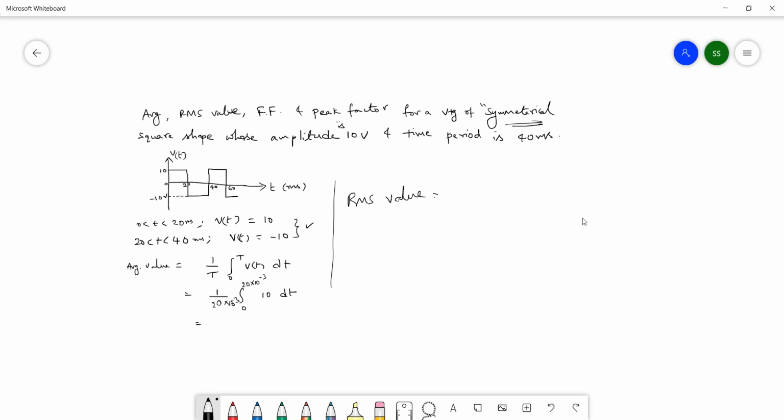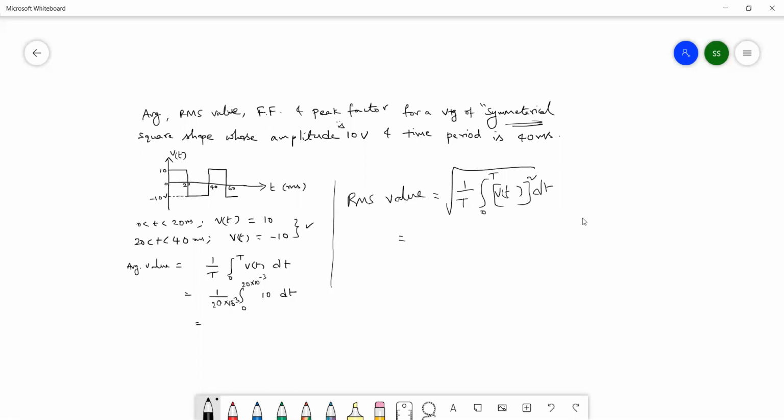RMS value. The RMS value formula is 1 by T integral 0 to T of v of t square dt. For RMS, do we need to consider half cycle or full cycle?